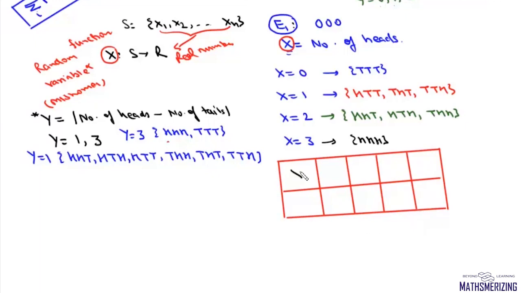Here we're going to write the random variable x, and it can take 4 values 0, 1, 2 and 3. And here we're going to write their corresponding probabilities.